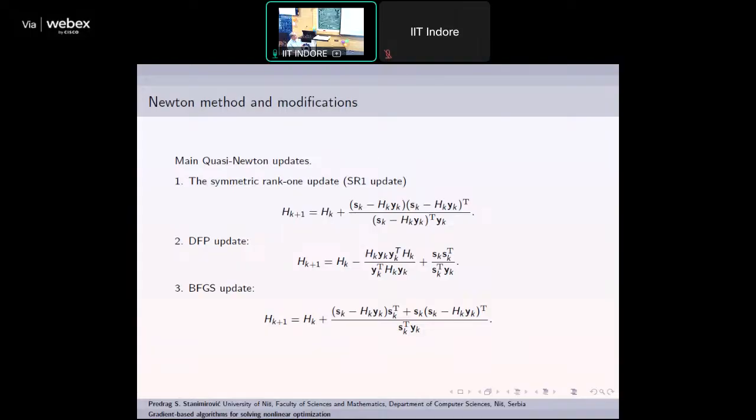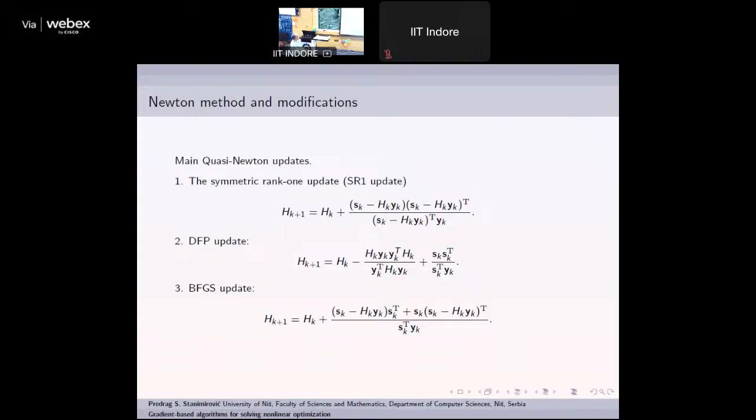Another rule in quasi-Newton modifications is to use low order approximations. I mentioned here only 3 quasi-Newton updates. In the literature, we can find a great number of different quasi-Newton updates.